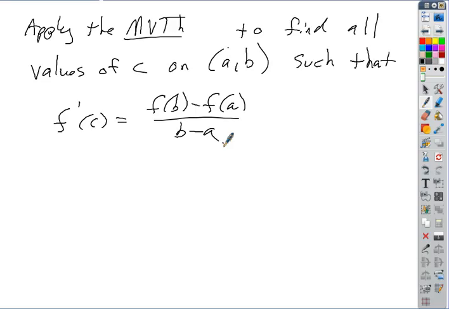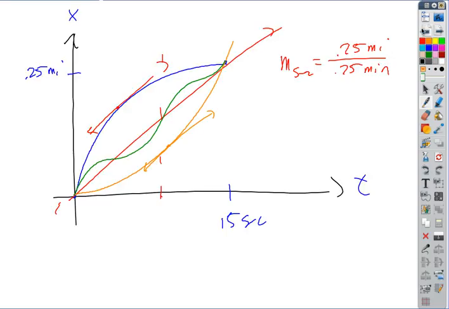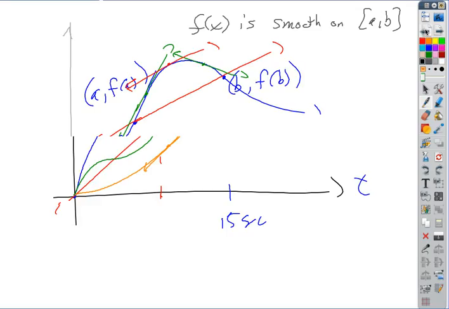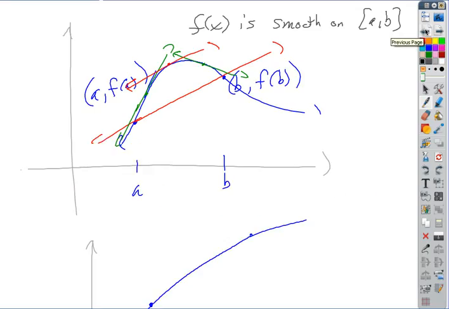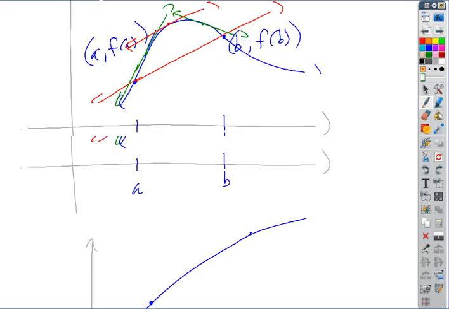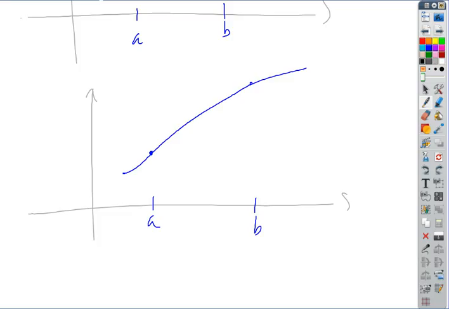If I want to go back to my pretty picture here, let's call that a and that's b. If I want to calculate the slope of the secant line, that's just a slope triangle, isn't it? This distance right here, the delta x, is just b minus a.